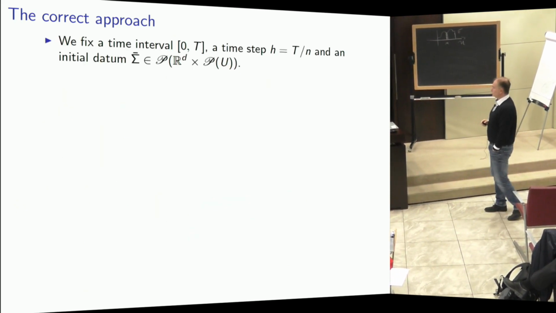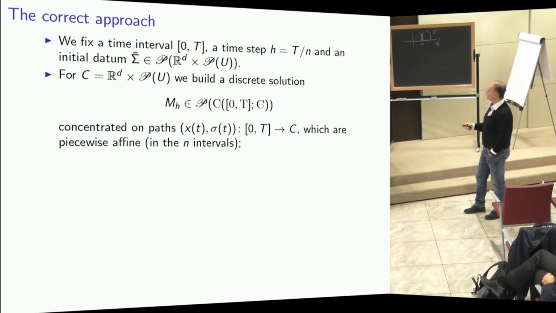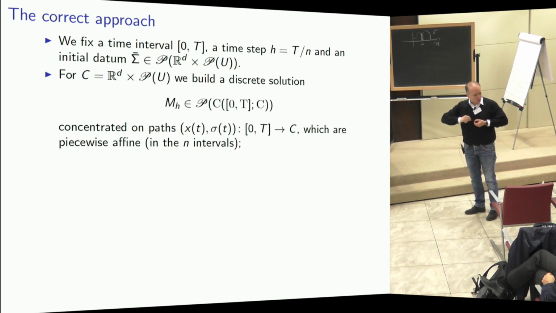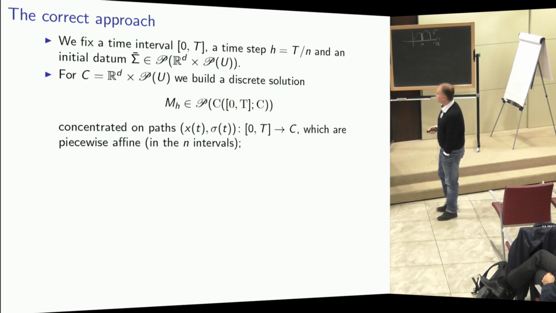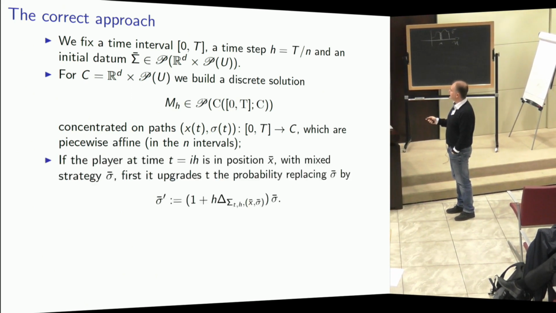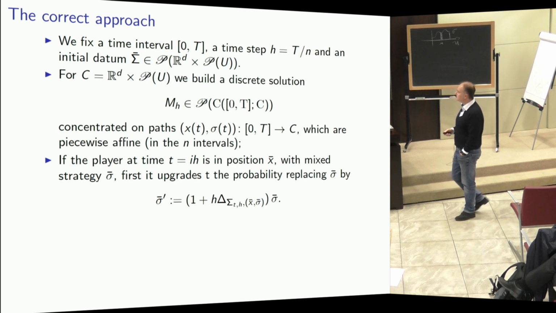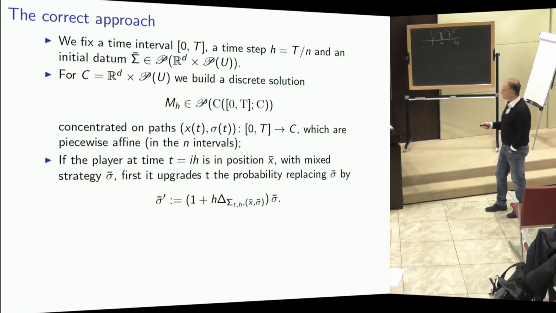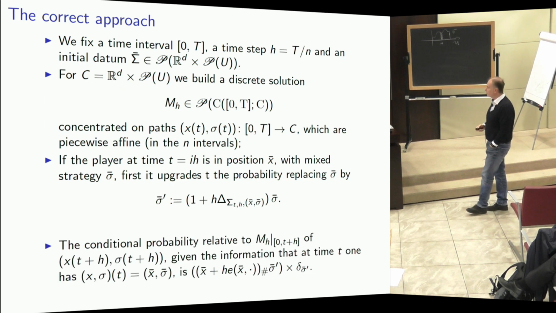Okay, so this is the correct approach. We would first like to construct a probability measure over the paths, so over evolutions and curves in the space, and the way we do it is with a discrete time approach. First of all, each player that is in position x bar at a certain time t has a certain mixed strategy sigma bar, and is evolving its mixed strategy according to the replicator equation.